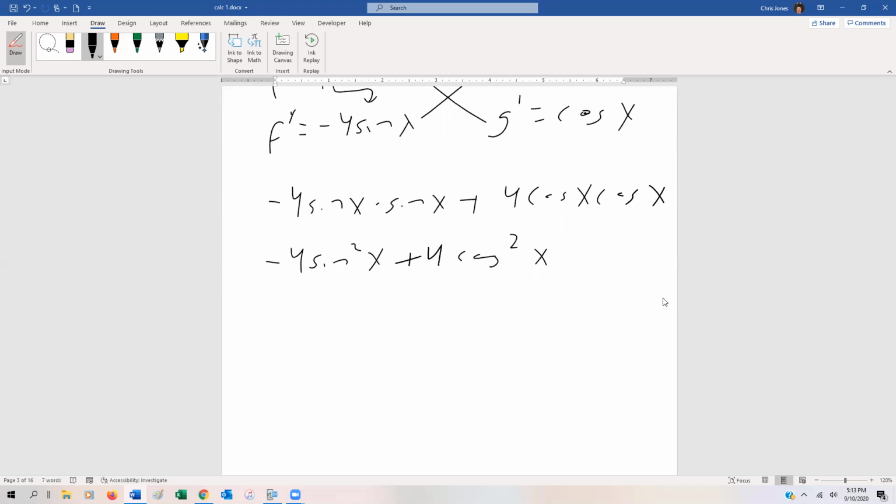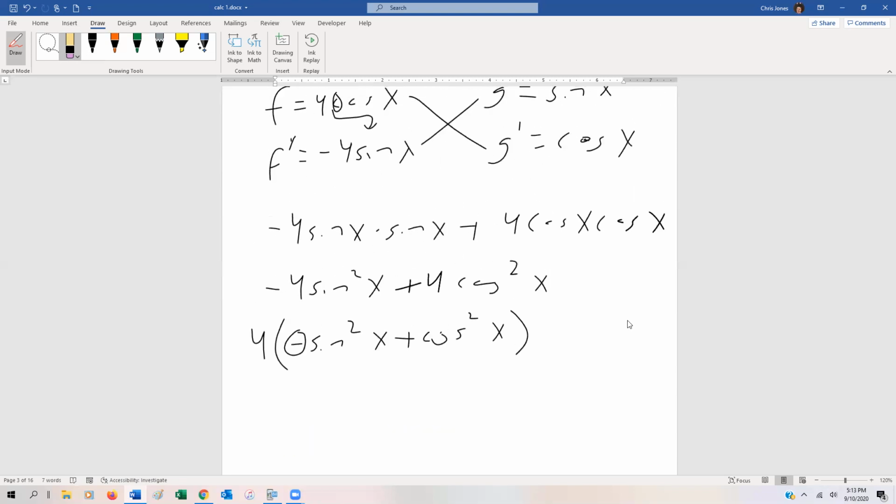So if we were to factor out a 4, we would be left with negative sine squared x plus cos squared x. Now, this is not equal to 4 times 1 because of this negative. So just be careful with that. Don't try to utilize the formulas for the trigonometric functions if they're not there. Okay, so we'll take a look at a few more examples involving trigonometric derivatives, but hopefully that's not too difficult for you all to understand so far.